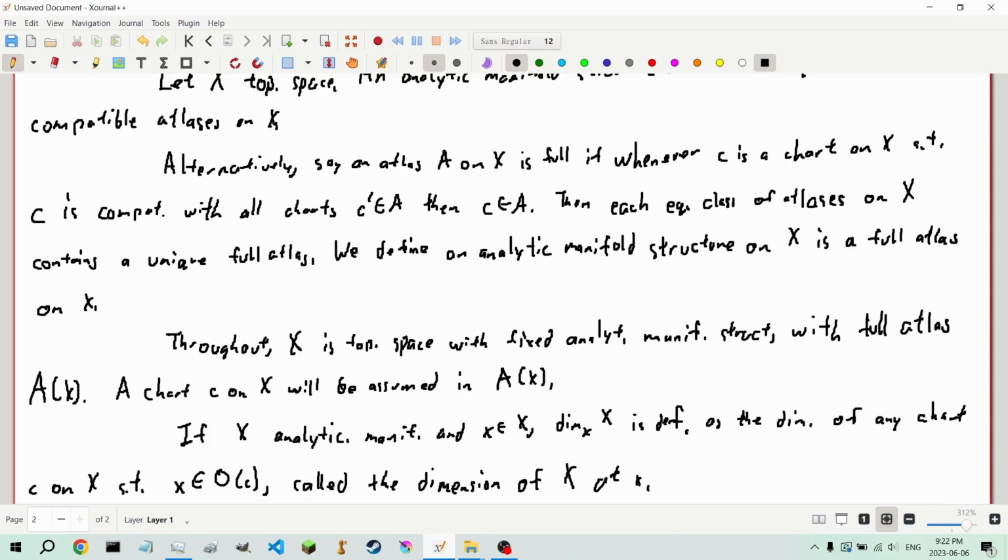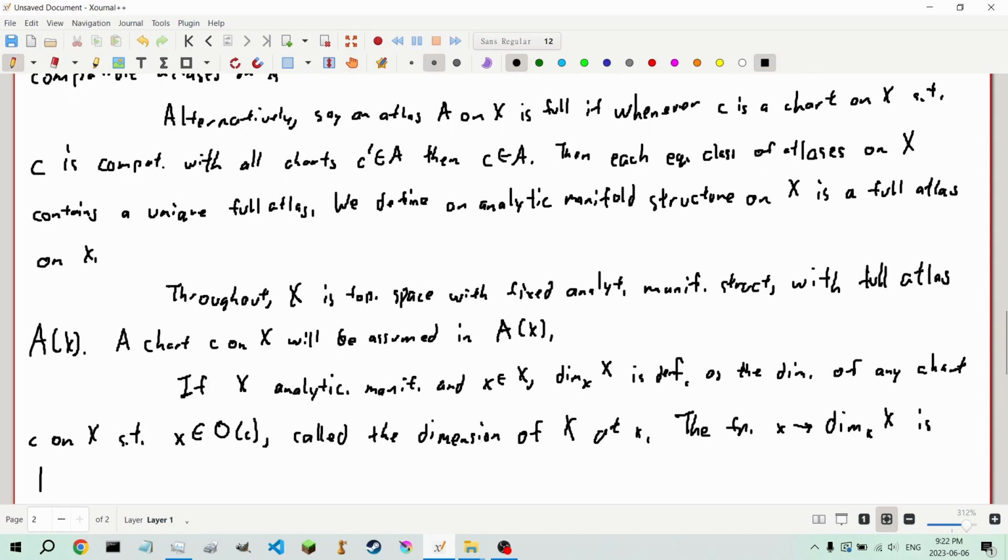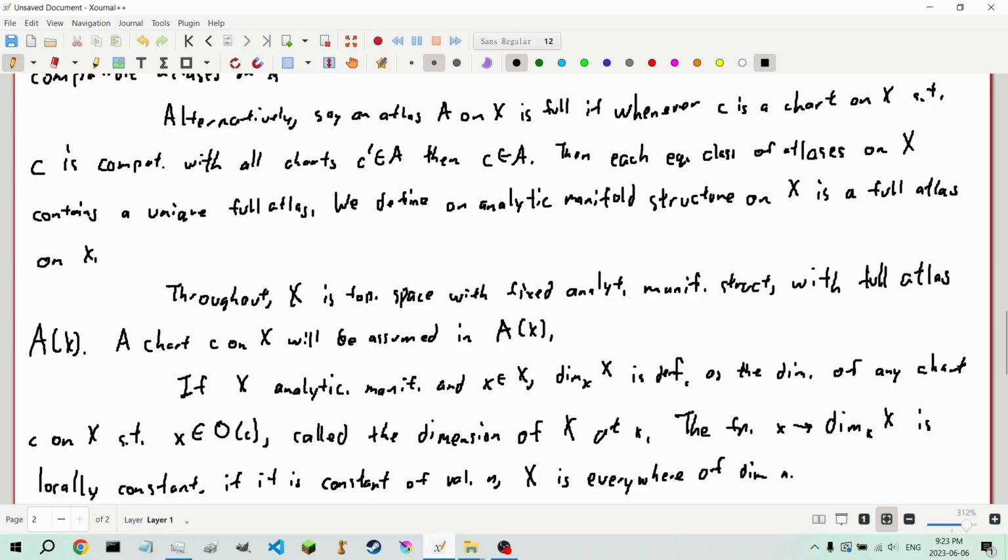And so we have that the function sending each element of our analytic manifold to its local dimension is locally constant on X. Of course, if it is constant of, say, value n, we say X is everywhere of dimension n.